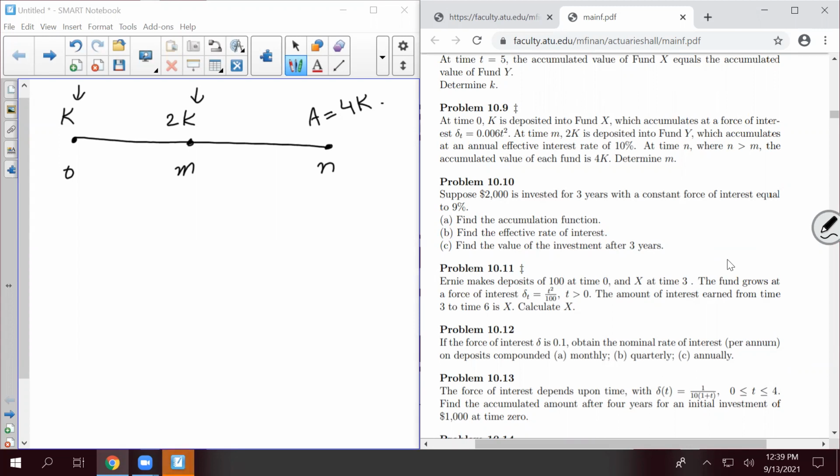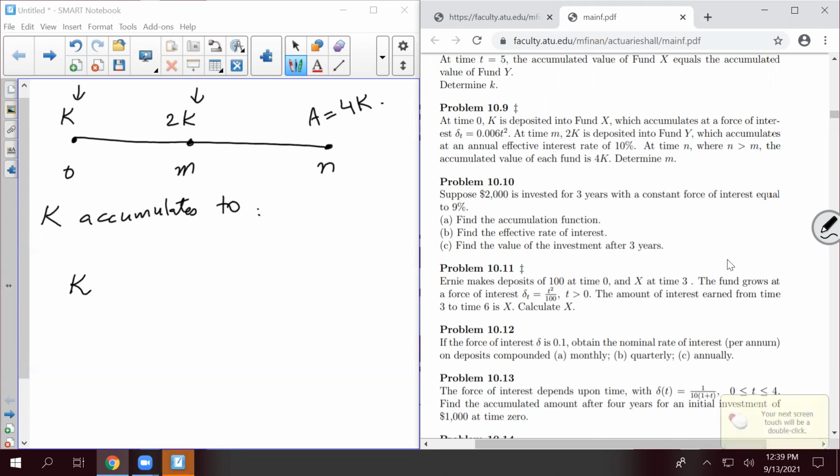So there are 2 deposits coming in. So let's see what's happening to this first deposit. So the K accumulates to... K is the principal.